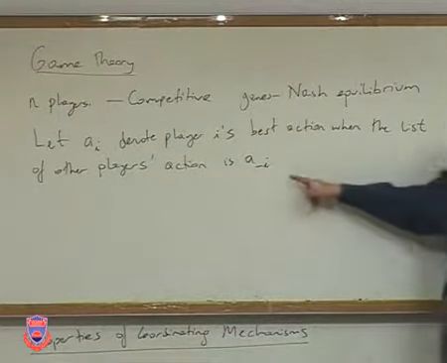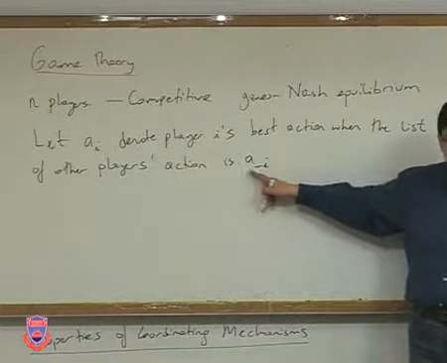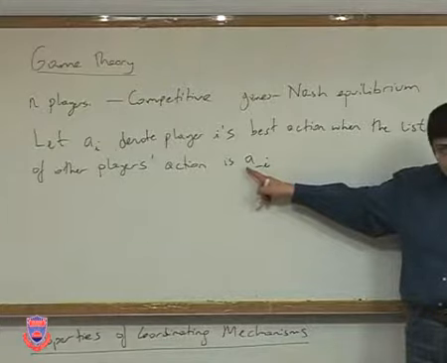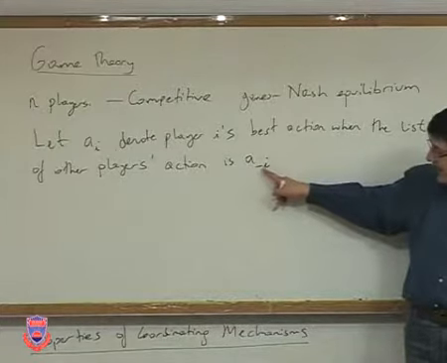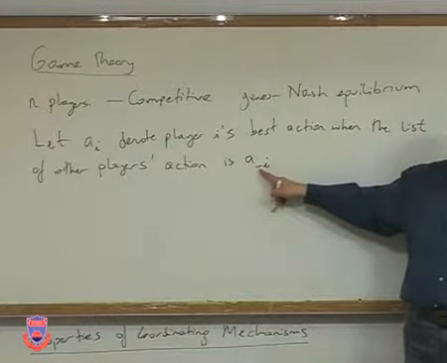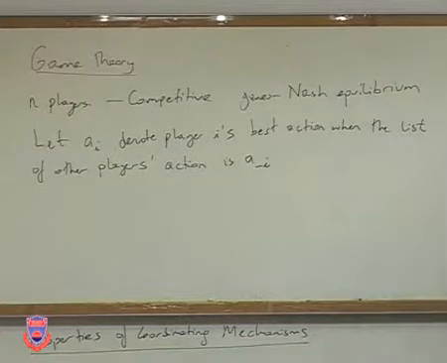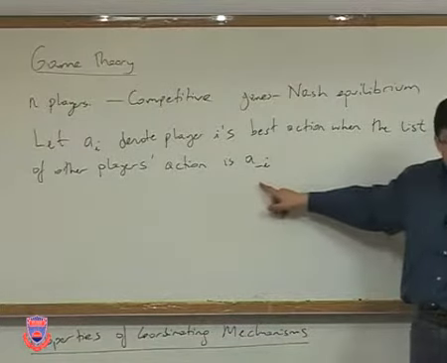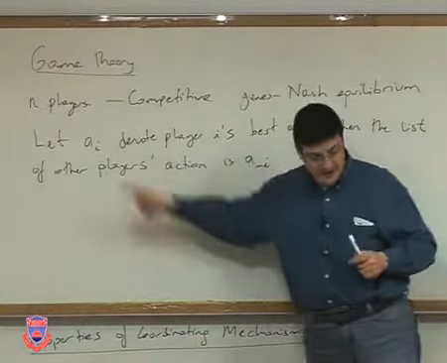What this notation means is that we're talking about the actions of all players except i. So minus i means that you take i out of the set. So we have the actions of the others.